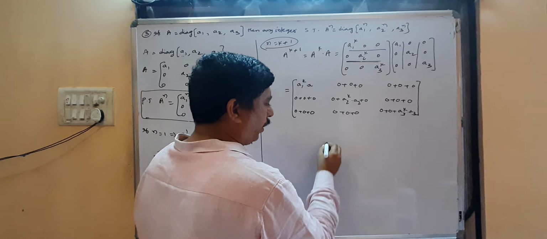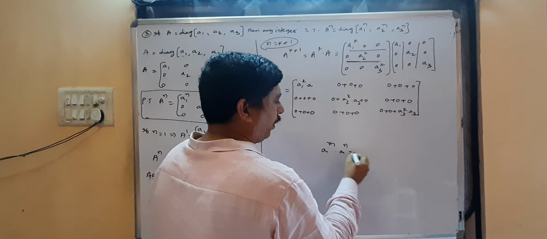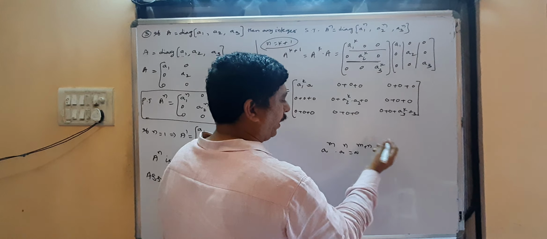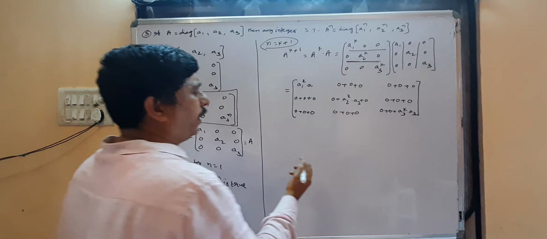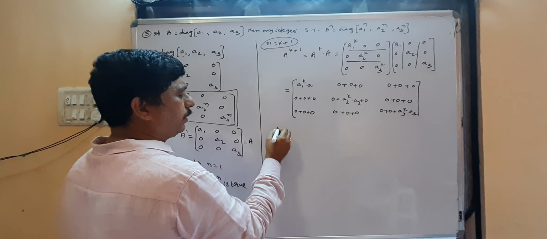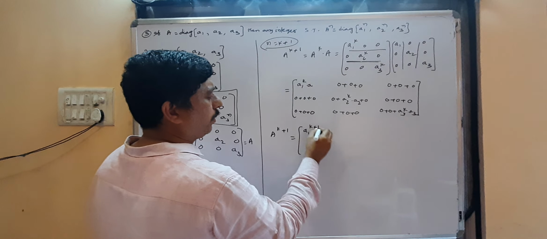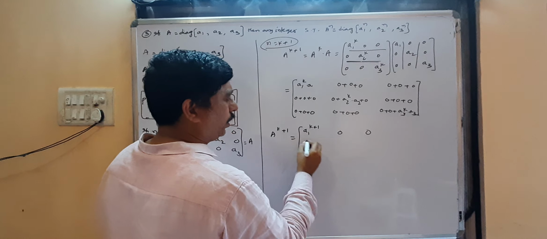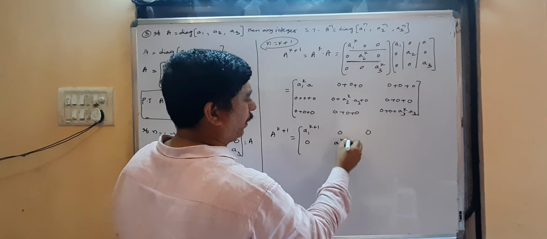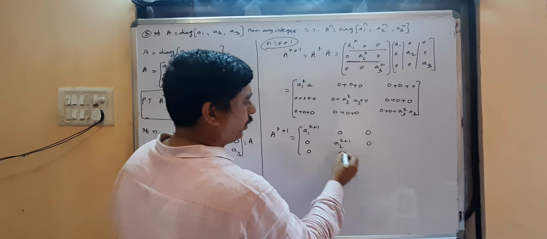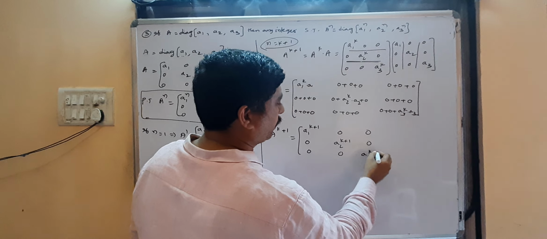A power m into A power n is A power m plus n. So a1 power k into a1 is a1 power k plus 1, then 0 0, 0 a2 power k plus 1 0, 0 0 a3 power k plus 1.